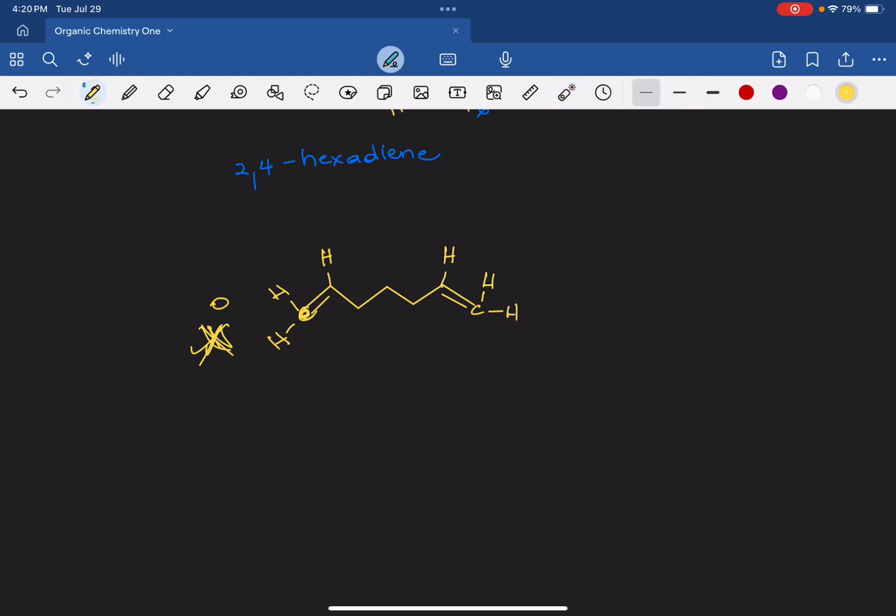Cannot have cis-trans isomerism. So the total number of stereoisomers here is 2 raised to 0, because none of these double bonds will ever show cis-trans isomerism. So it's 2 raised to the power of 0, which is equal to 1. So you can only draw 1 stereoisomer of this, and it's the compound that you see on screen. That's how you handle a question like that.